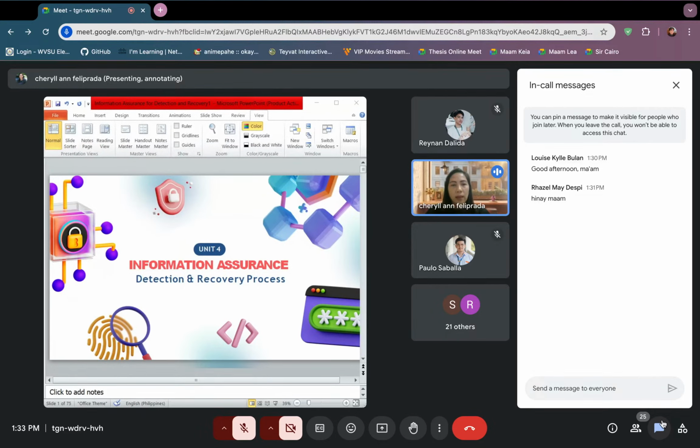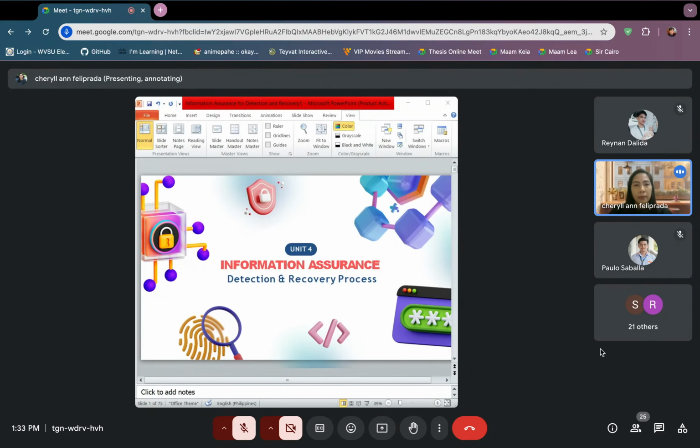Actually, this is quite long. If you have tried to go over your notes in a group, there are 6 subtopics for today, but we're only discussing 3 of them.